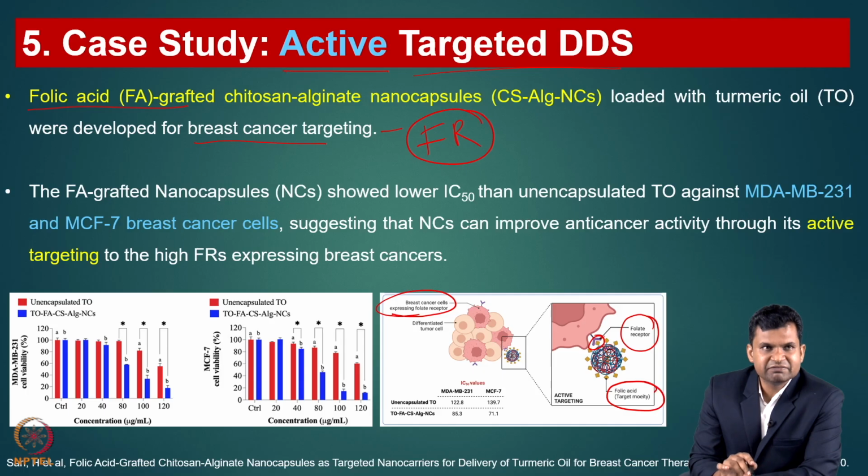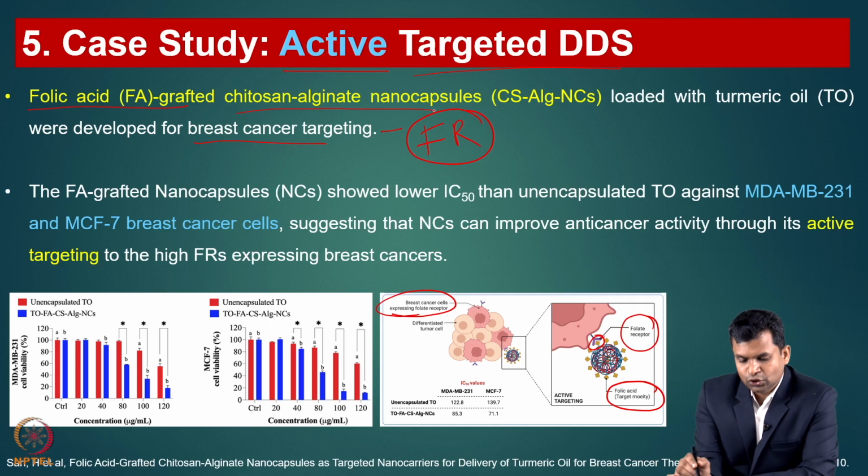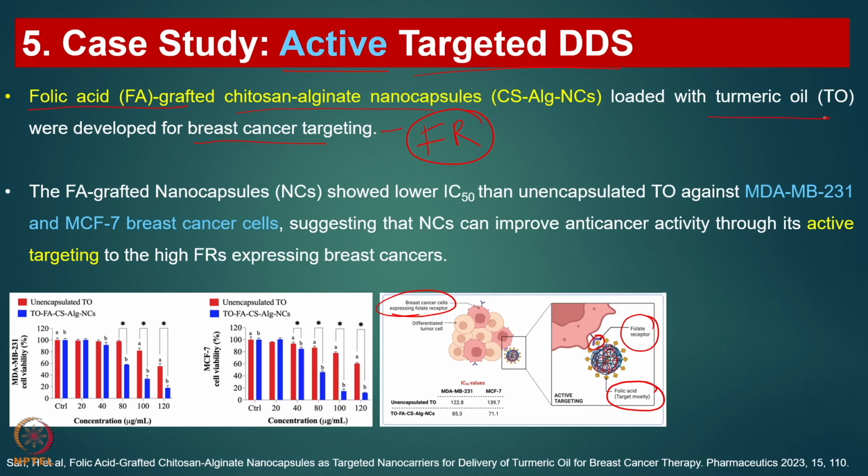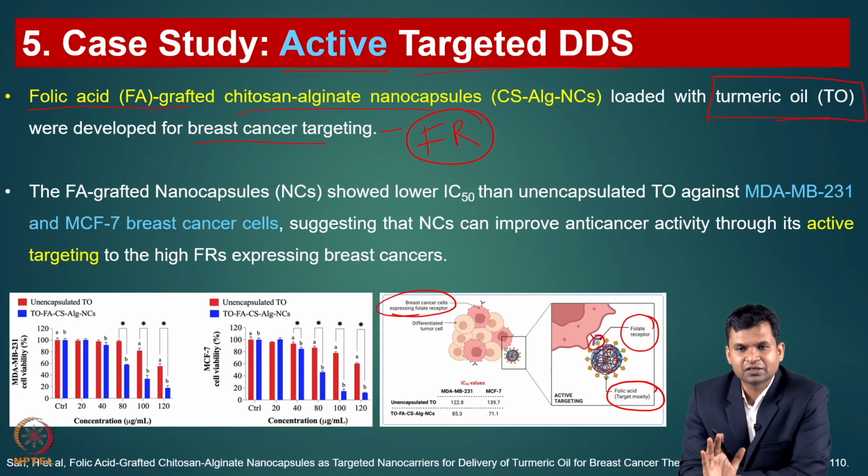Now, this study speaks about folic acid grafted chitosan alginate nanocapsules loaded with turmeric oil. You can see the reference here. The scientists wanted to prove that when you conjugate turmeric oil, it shows high efficiency compared with the conventional or free turmeric oil.